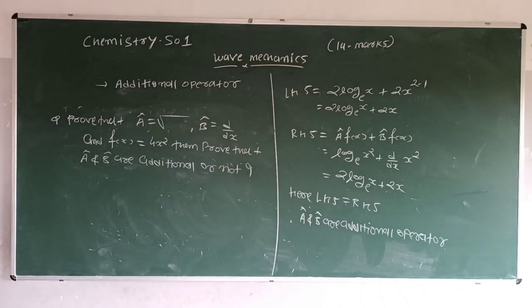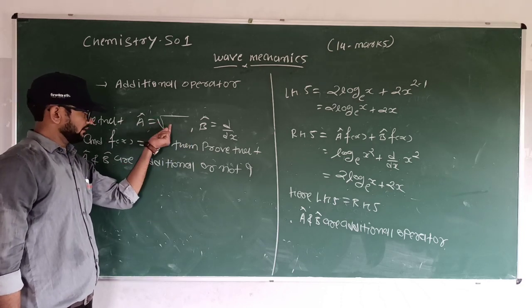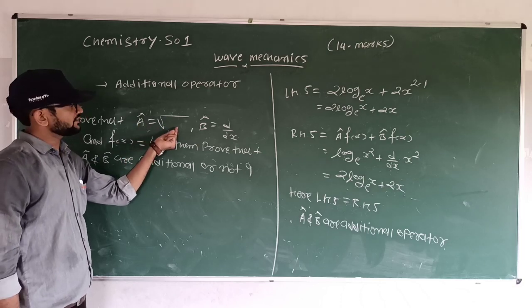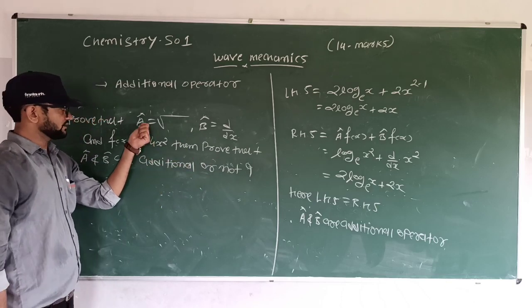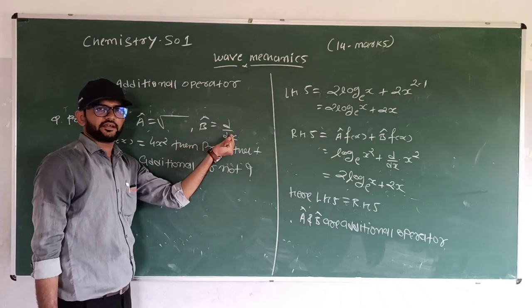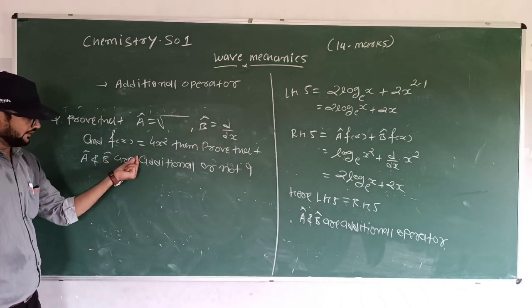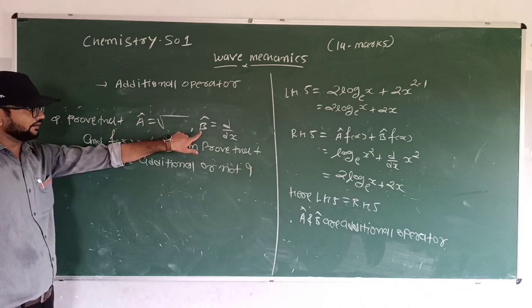So here the value of A cap is equal to under root. Under root is also a mathematical procedure which we can use in quantum mechanics, and it is called an operator. So A cap is equal to under root, B cap is equal to d/dx, and the function f(x) is equal to 4x squared. Then prove that both A cap and B cap are additional or not.